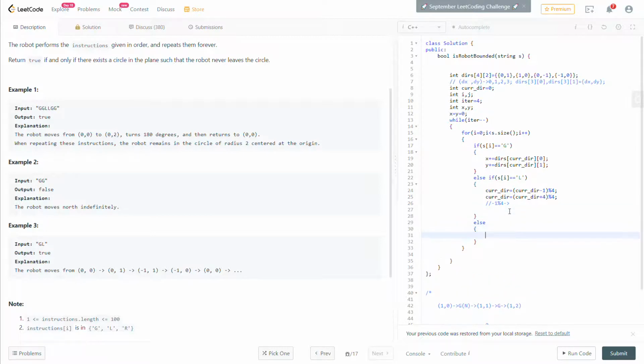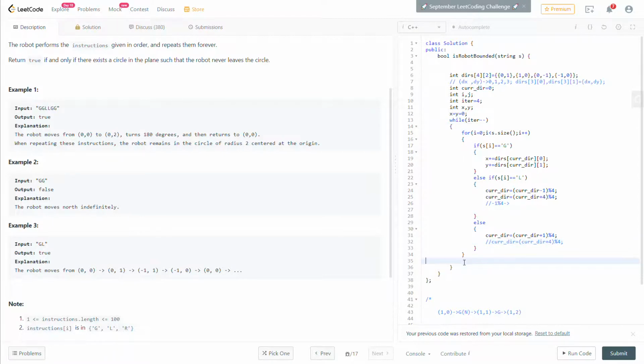And else, current direction is current direction plus 1 modulo 4, and here anyways we don't have any negative values, so we can continue with that. This is optional.